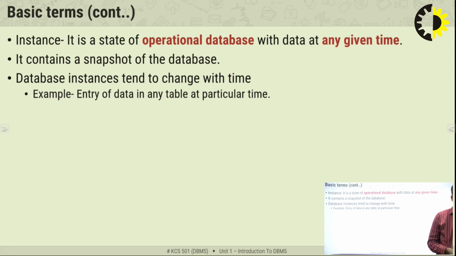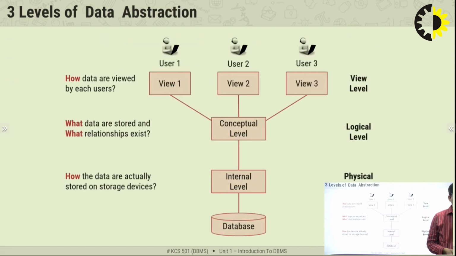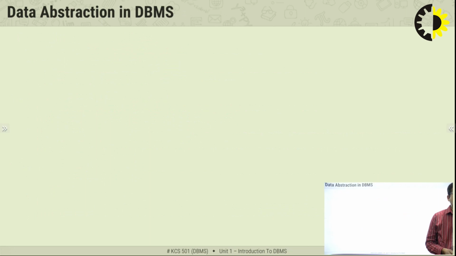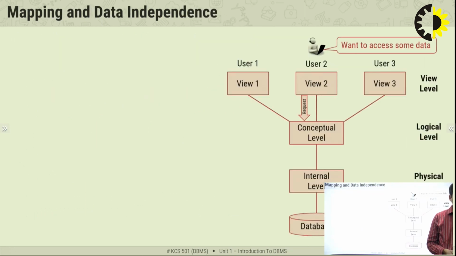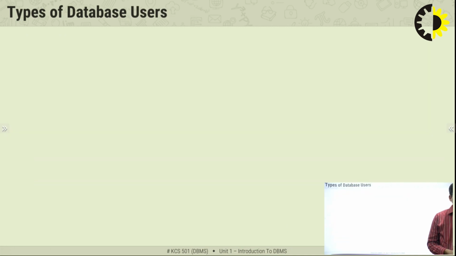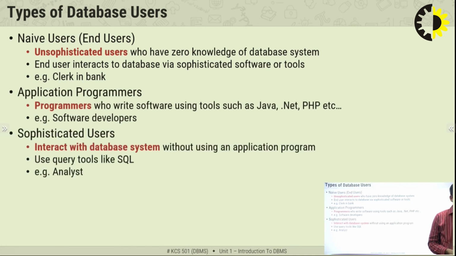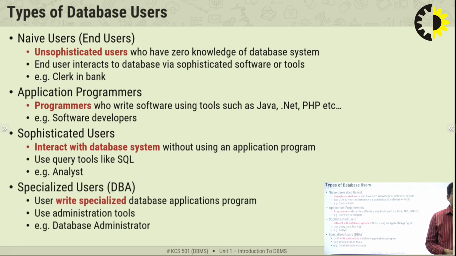Since the values keep changing over a duration of time, we need to preserve the instance or the snapshot of the database. Now, there are different types of database users: naive users, application programmers, sophisticated users and specialized users.